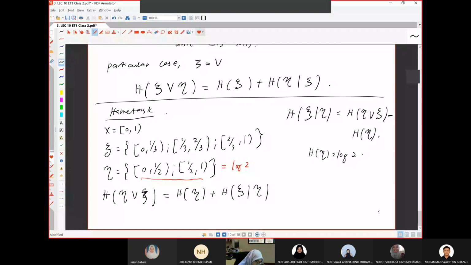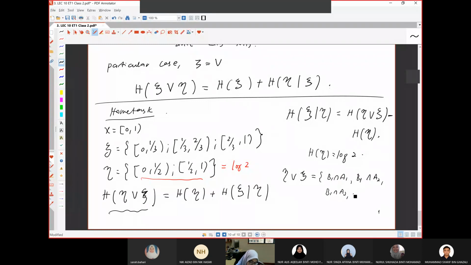So to find this, you have to find the join partition. So eta join with psi equals: you have to find A1 intersect B1, A2 intersect B1, and then A3 intersect B1, finish.